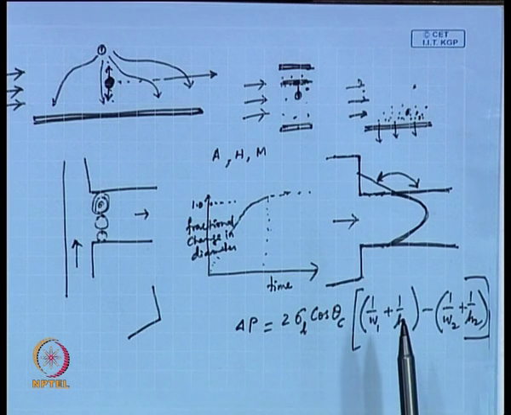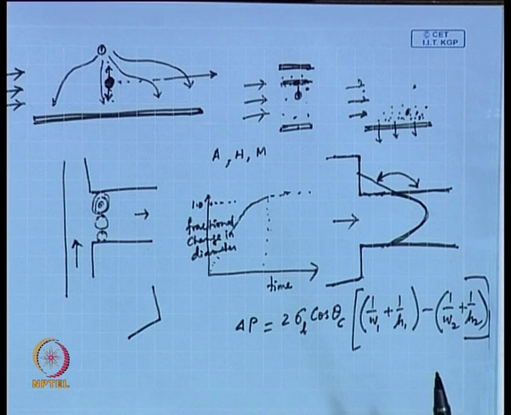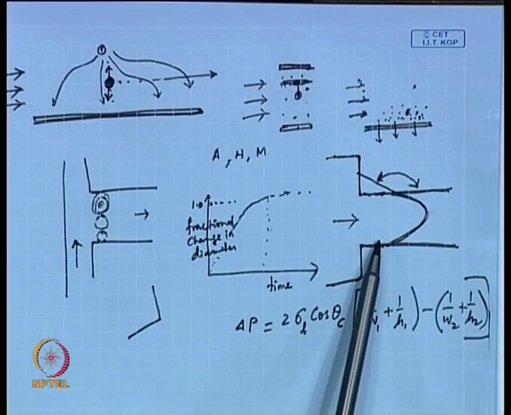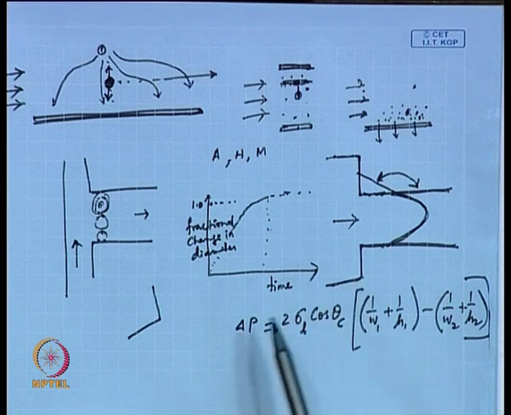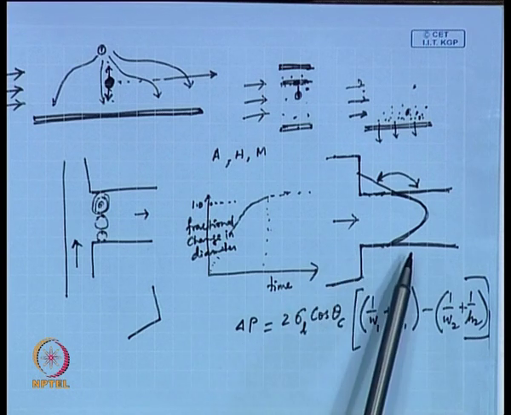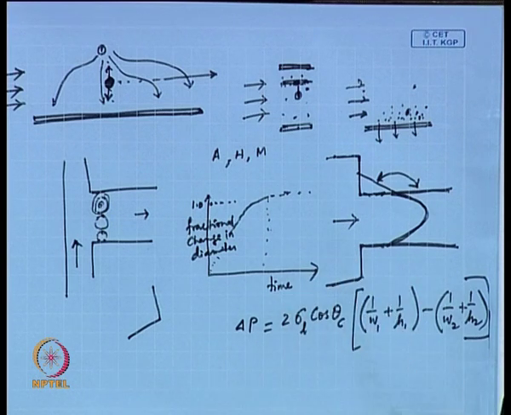You can set your system in such a way, choosing the W and H, and the material and theta c, that is in your hand. You choose these so that this acts as a valve. Only when the pressure exceeds this delta P will there be a flow; otherwise there will be no flow.